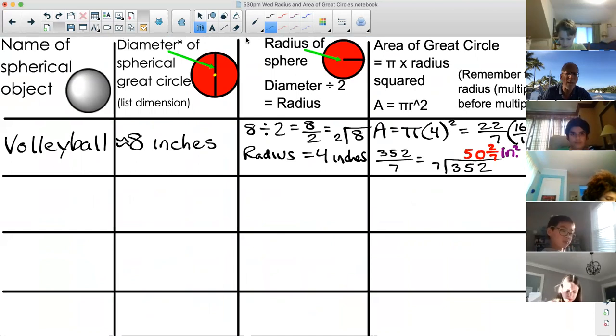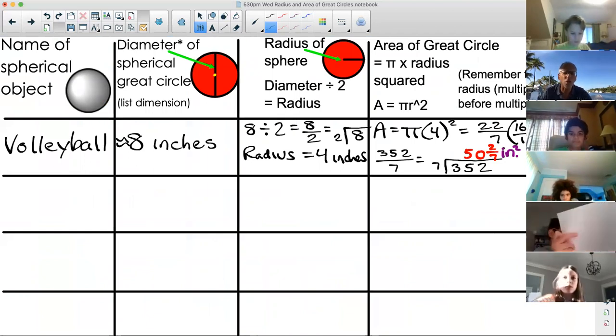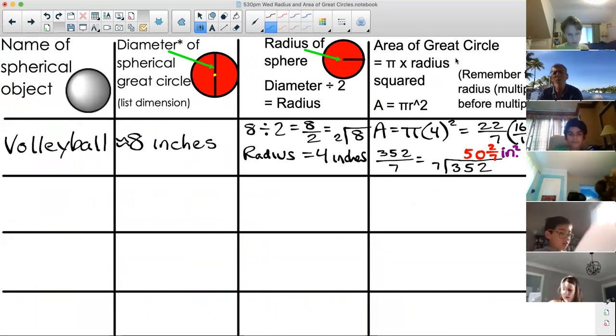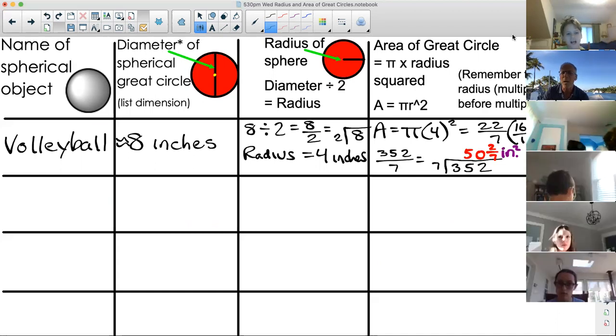Now, I want everybody to go to page 6 in their packet. What I'd like you to do is choose one of your favorite sports balls that we could figure out the area of the great circle. Who wants to start? Okay, go ahead, Hannah, and then Dahlia. A soccer ball.